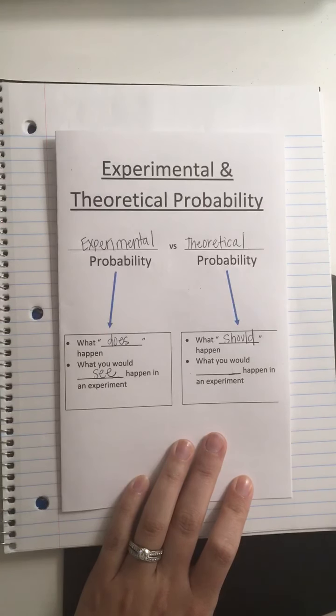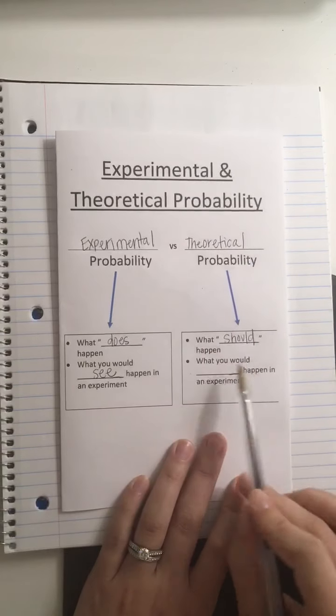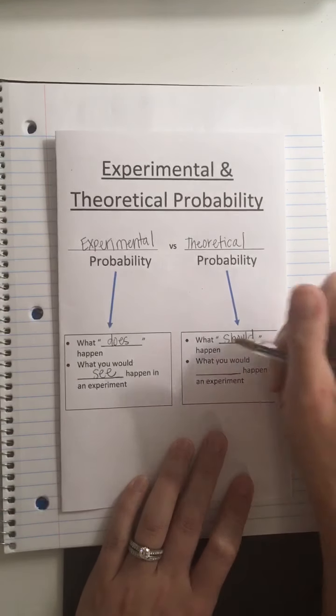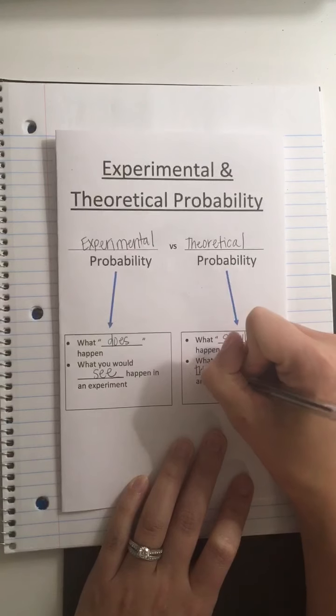But in a minute, we're going to perform the experiment, and we'll be able to see if, yes, that's what should happen, but is that really what happens when you flip a coin a certain number of times? So theoretical probability is what should happen, what you would think happens in an experiment without performing the experiment.